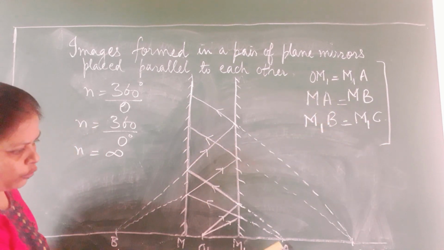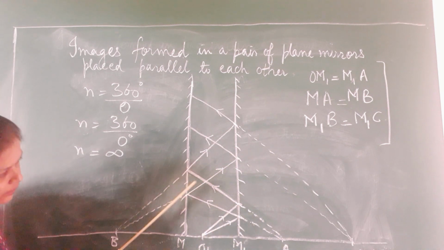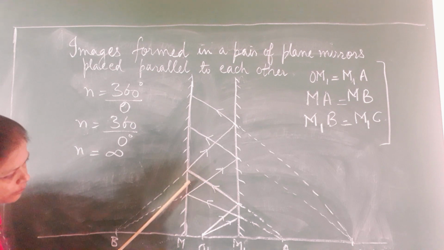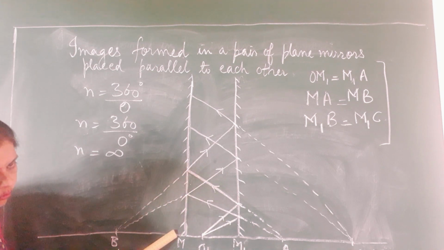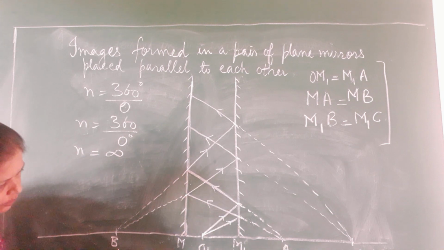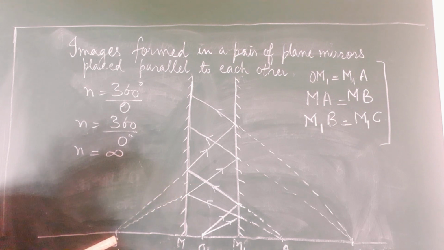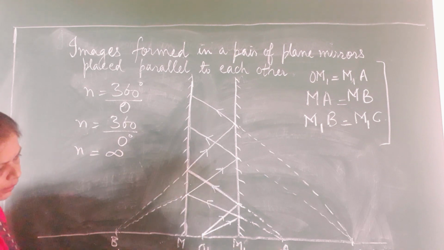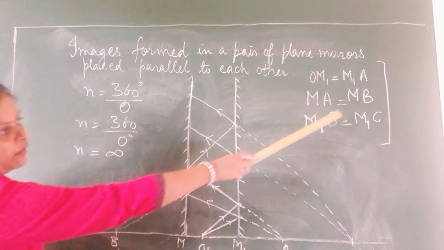So when I put a dot here, I will join these rays and I pull them back straight. Right? Now these two rays fall on the mirror, and this particular A forms an object for M now, alternately. So A will be the object for M. Now I will measure AM, and on the other side I will put a dot for B, and these two rays will be produced to B, such that MA, you can see, is equal to distance MB, right?